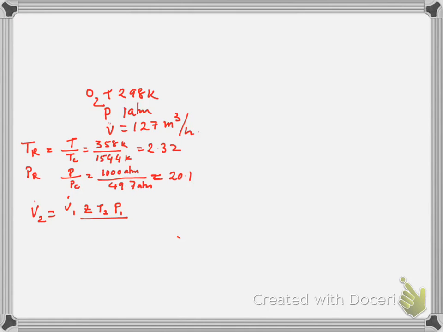Okay, good. So now here we have the P1 condition is good, and T1, and then we need P2. So that will be equal to V1, which is 127 meter cube per hour, the volumetric flow rate, right?